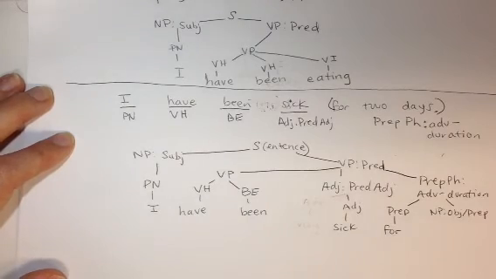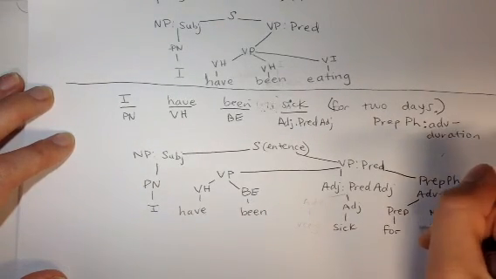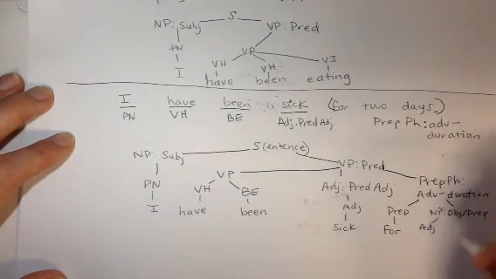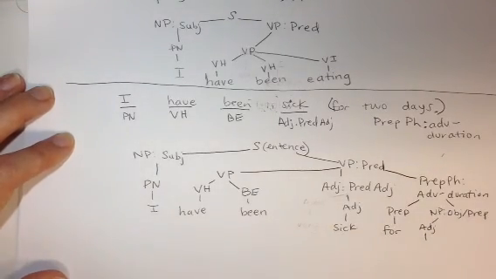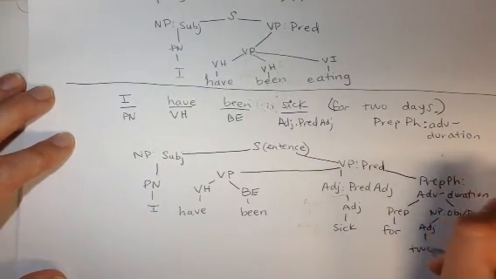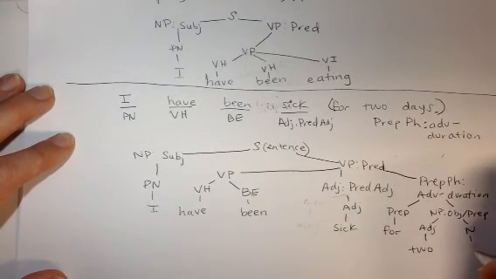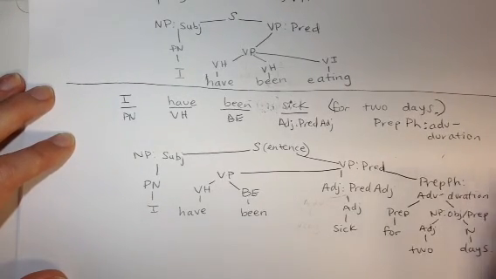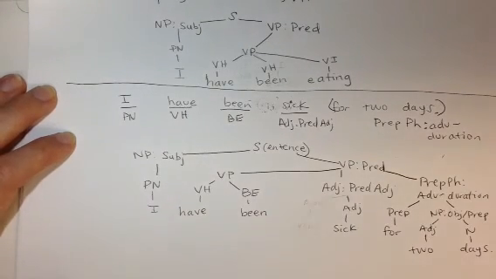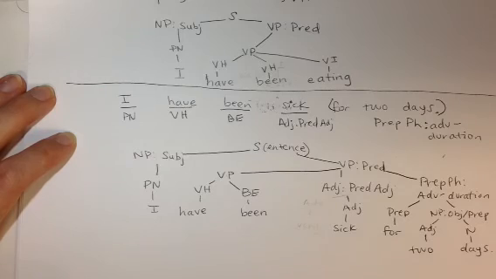And we don't have just a noun. We have an adjective because all numbers are adjectives. So we have 2. And then we have our noun, which is days. Okay? I've been sick for 2 days. You see that?